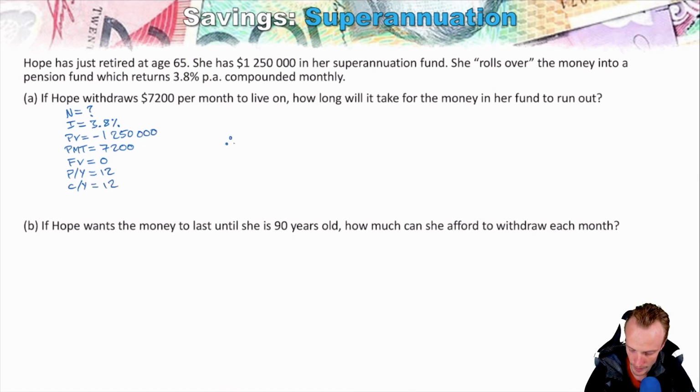So now we put these values into our calculator to look at how long it will take for her money to run out. We're going to do an N calculation at 3.8%. That would have been a very generous interest rate.